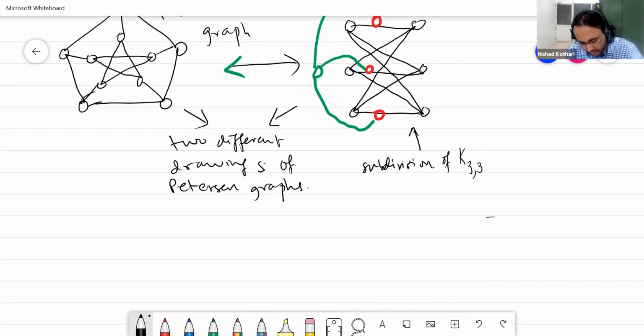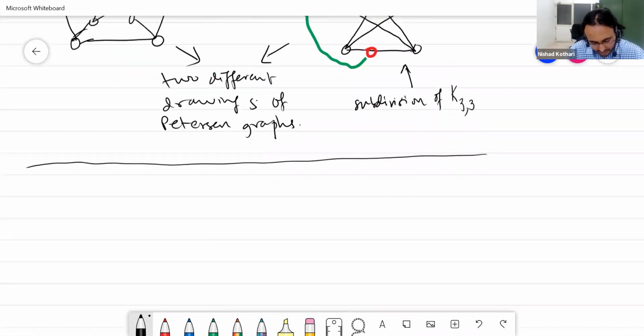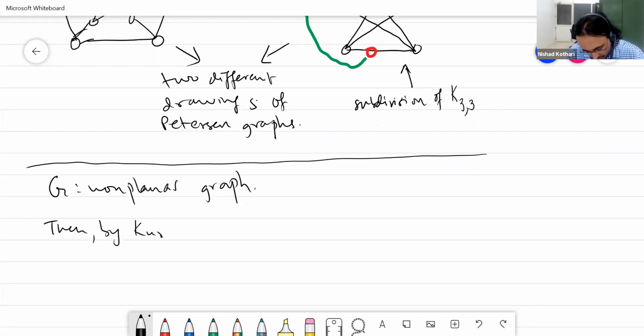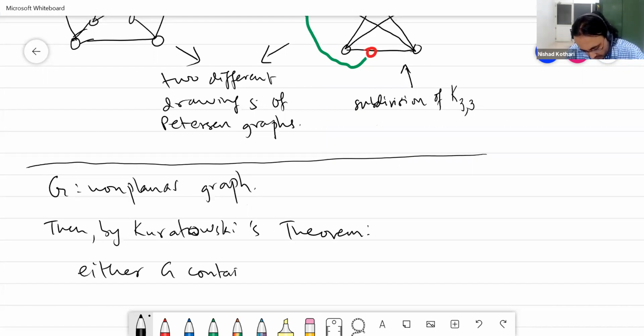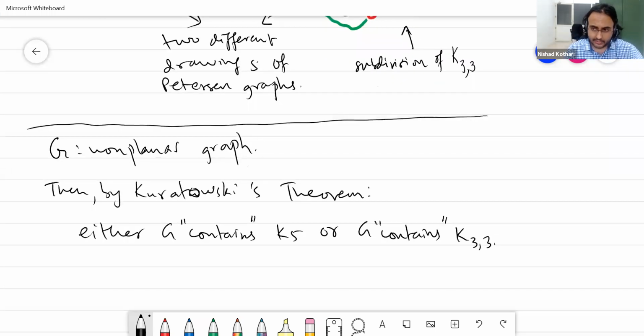Supposing G is a non-planar graph, then you know by Kuratowski's theorem that either G contains K5 or G contains K33. And by contains, I mean exactly how we discussed it: there is a subgraph which is a subdivision of K5 or K33.